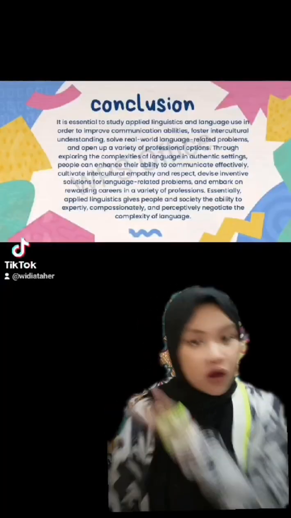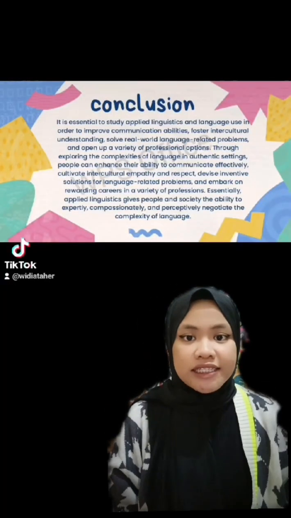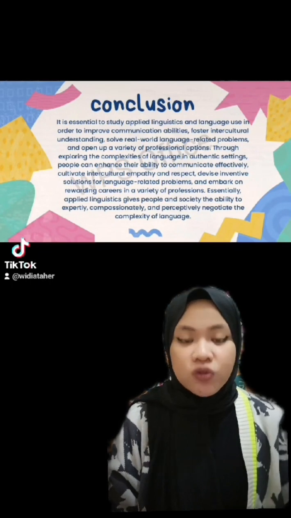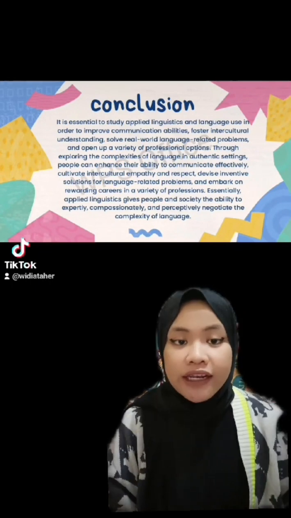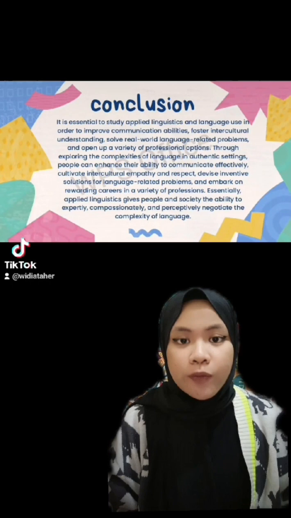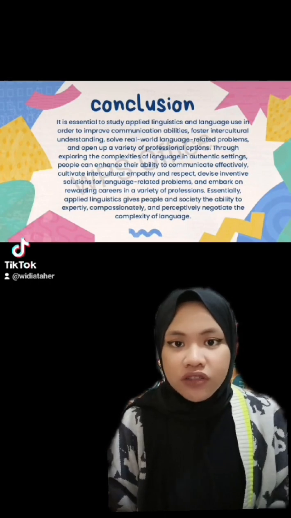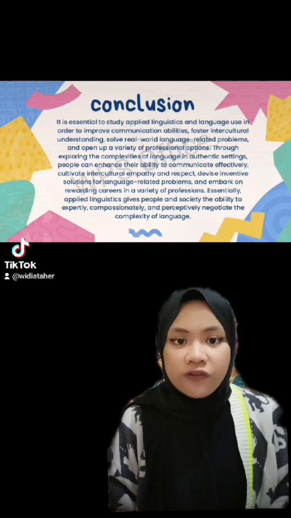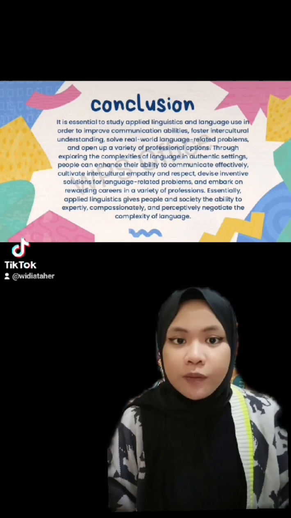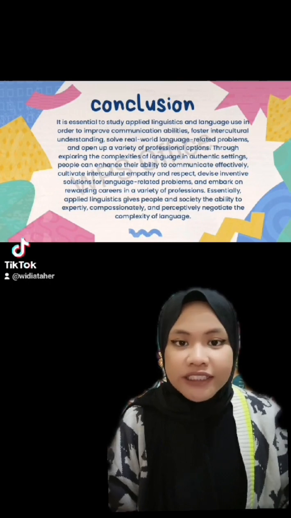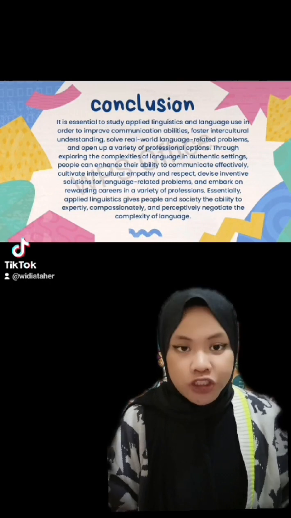So, the last slide is the conclusion. The conclusion is that it is essential to study applied linguistics and language use in order to improve communication abilities, foster intercultural understanding, solve real-world language-related problems, and open up a variety of professional options.